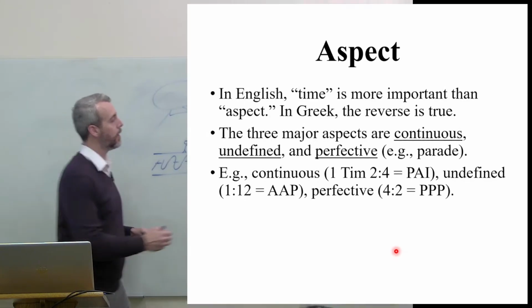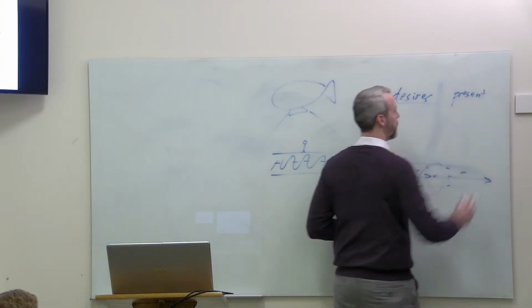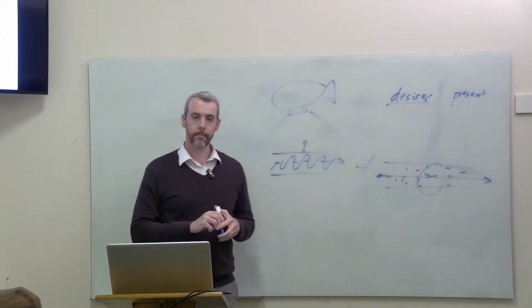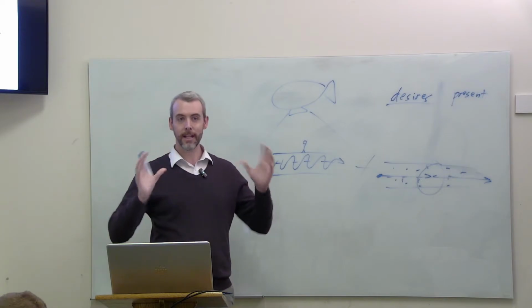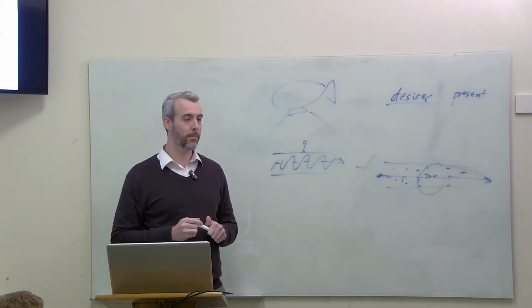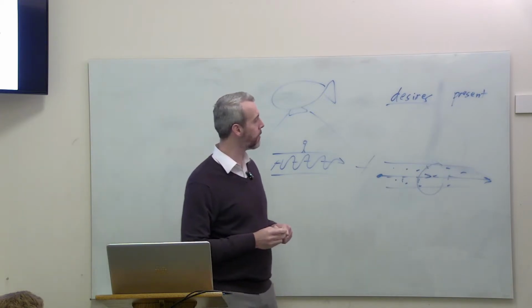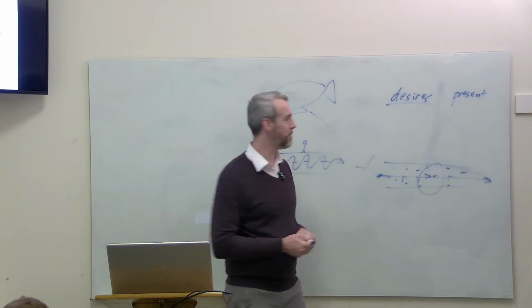Desires. This is present tense. Now, I believe that present active indicative means that in that time, at that moment, God actively desires for people to be saved. However, then you have to make a decision with the present tense.